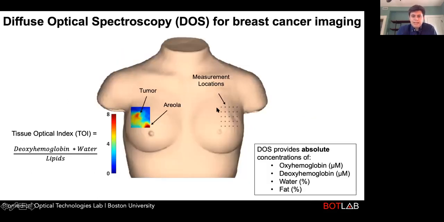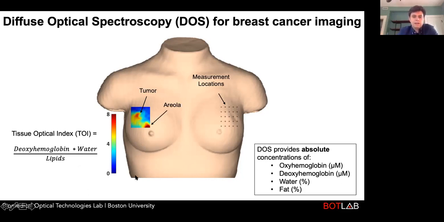So we take our handheld probe and an operator literally moves it point by point, taking these measurements in a centimeter by centimeter grid. And each point measurement, we can then simply interpolate to get a topographic map. This is the same map I showed you before. What we're looking at is a map of deoxyhemoglobin times water divided by lipid. We call this the tissue optical index.